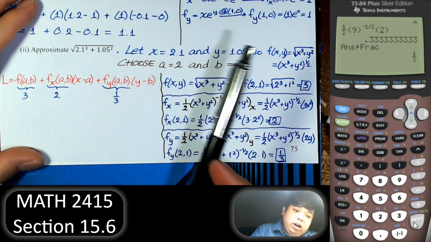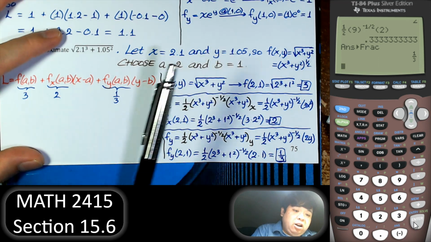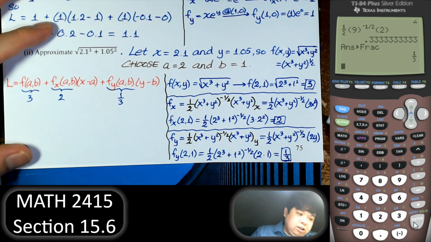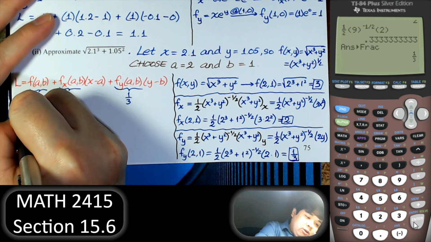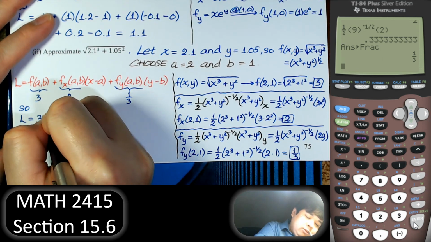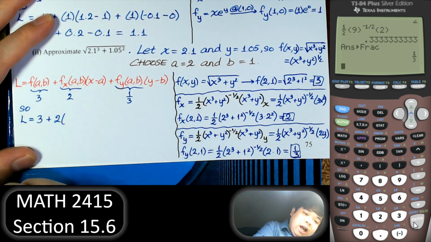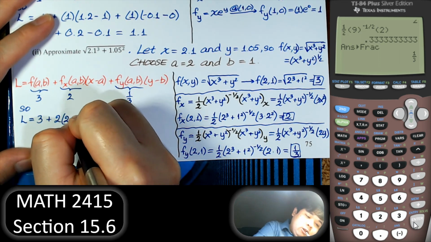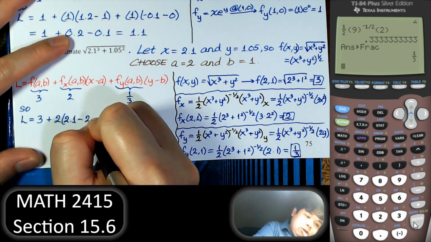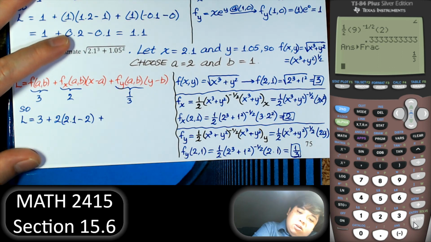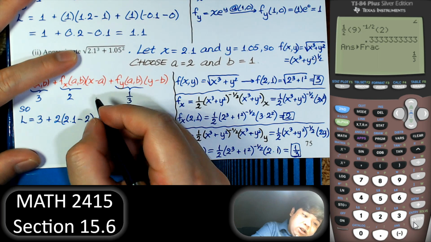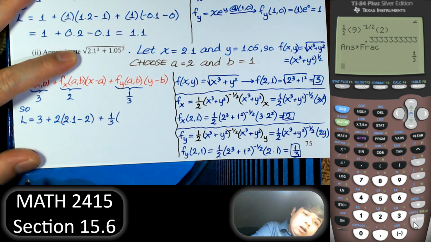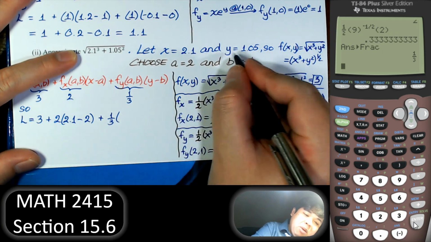x is 2.1, y is 1.05, a is 2, and b is 1. So L equals 3 plus 2 times 2.1 minus 2, plus 1/3 times y minus b.